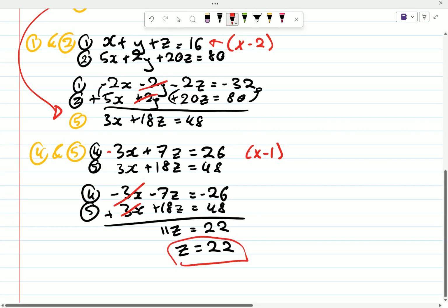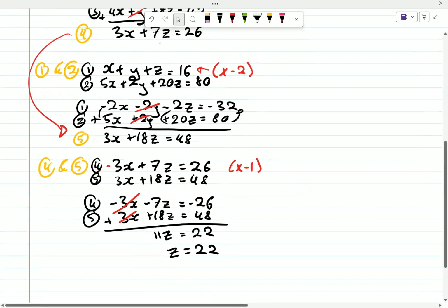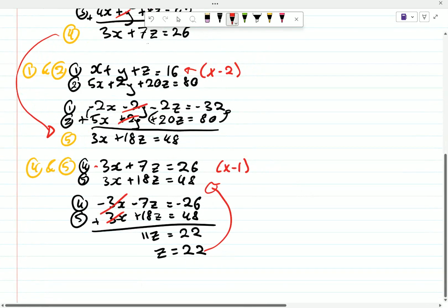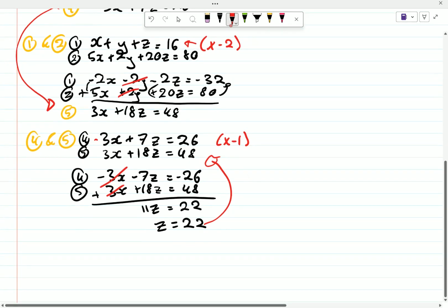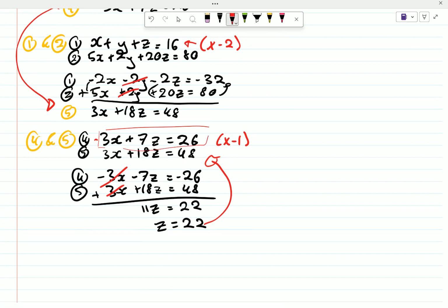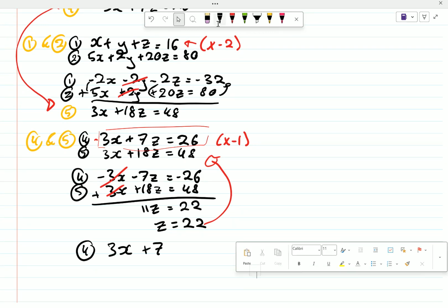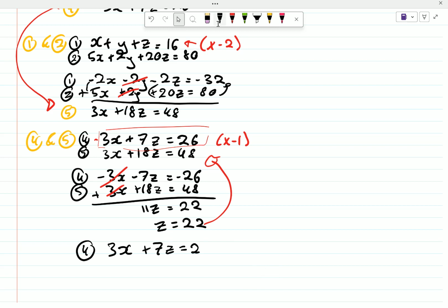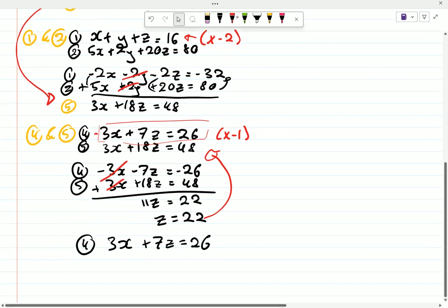Now this looks like an answer and looks like we're finished, but we're actually going to want to take this and put it back up into either 4 or 5 just to get a value for x. 4 looks a little bit easier, so let's put it in there. If we take equation 4, that's 3x plus 7z is equal to 26. We're going to use the new value for z that we found.